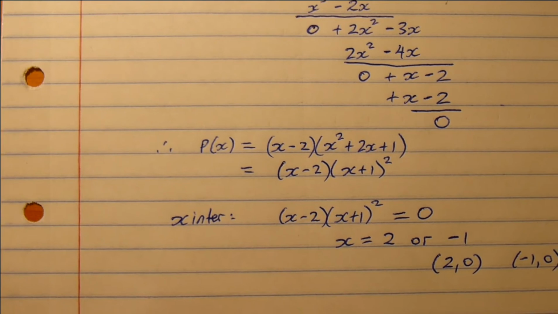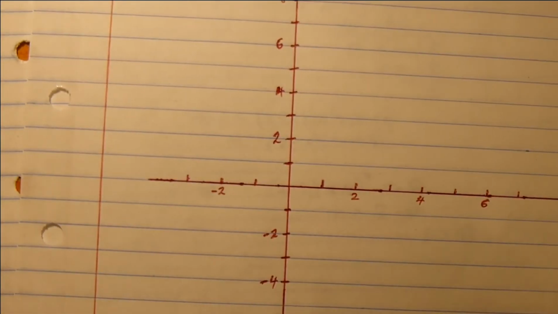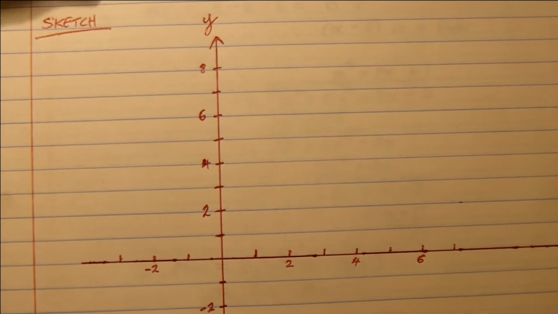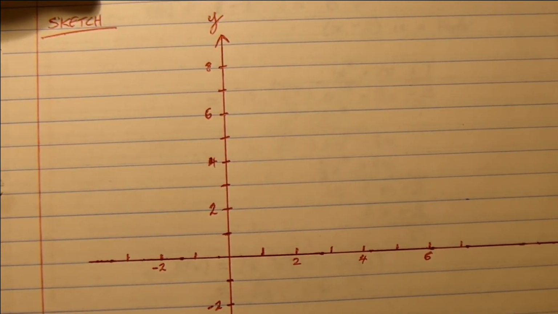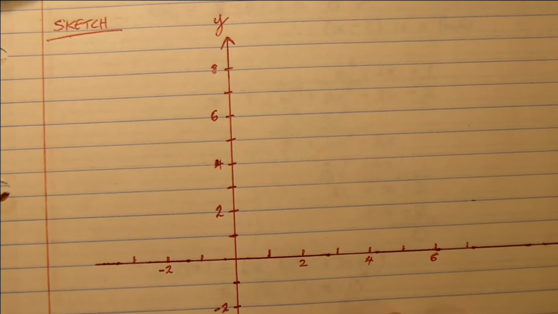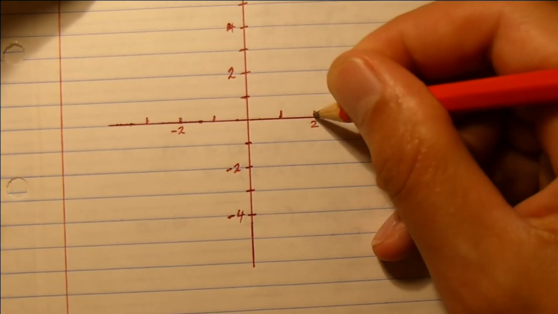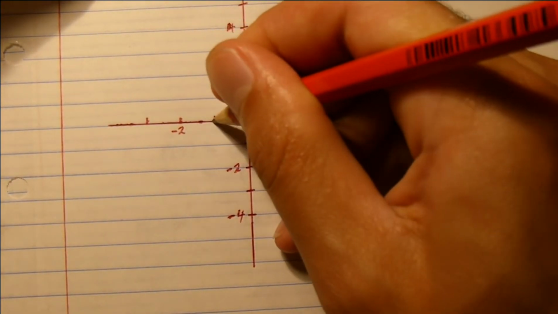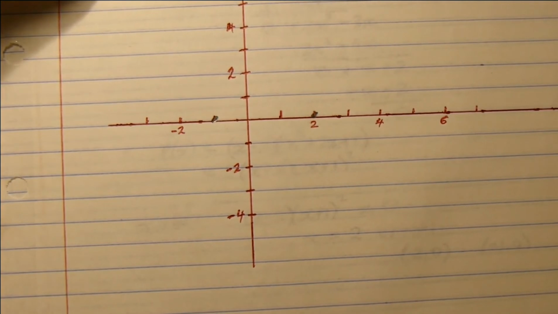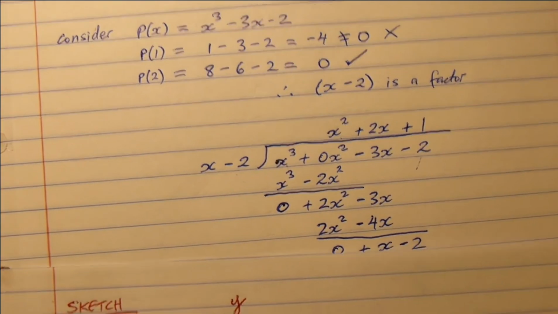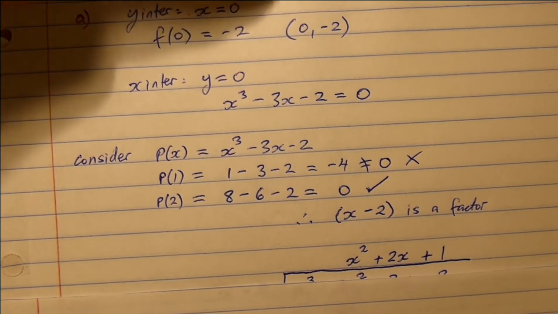Now just to save a bit of time, I've drawn up some axes here. So we're going to grab a pencil and do the sketch. So my 2, 0 and negative 1, 0 were the x coordinates, and my y coordinate was, if you remember up here, at negative 2.